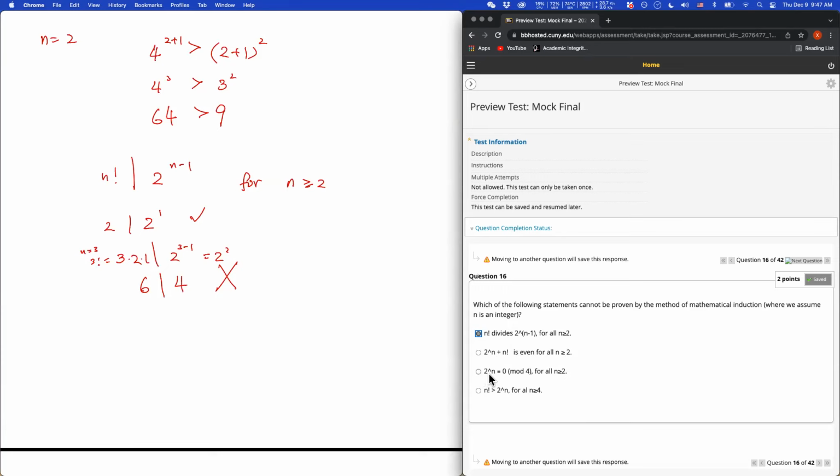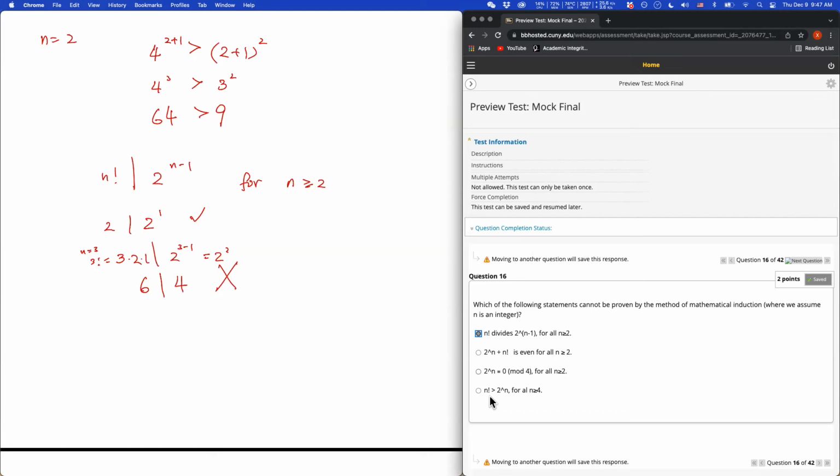Then the next one, 2 to a power congruent to 0 mod 4 for all n greater or equal to 2. Again, we have 2 to a power where the power is greater than or equal to 2. You can always factor out a 2 squared, and 2 squared is 4. 4 mod 4 gives you 0. So anything times 0 will give you 0. So we know this is true.